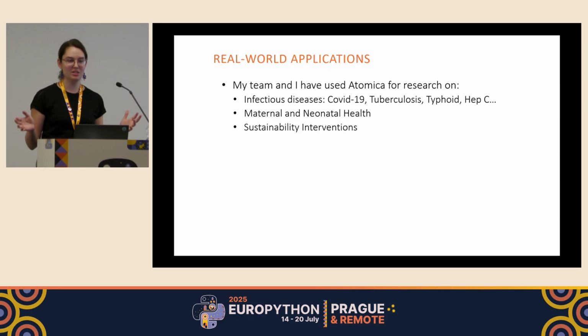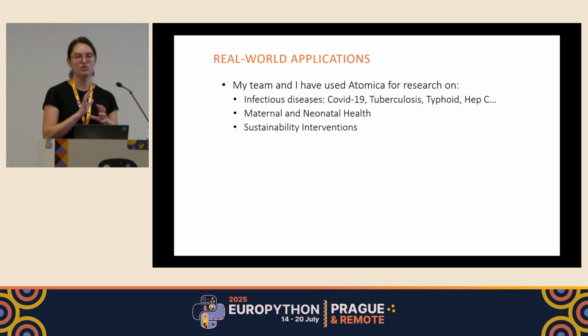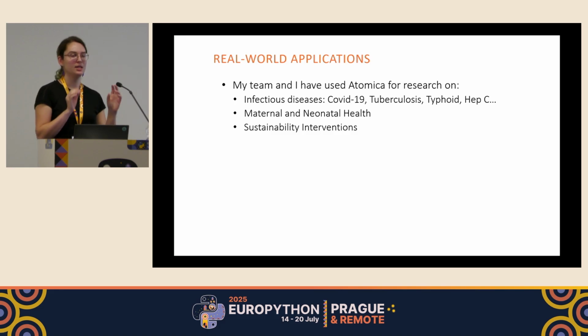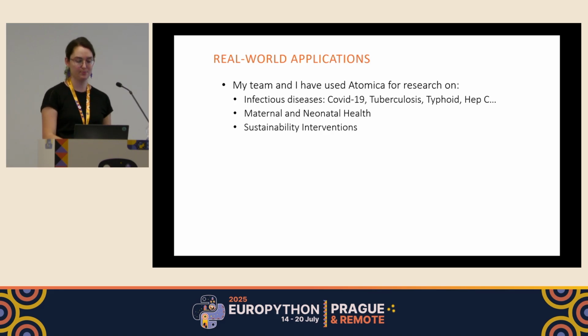We looked at all of these interventions, looked at their equivalent in terms of CO2, and then put all of these into Atomica, and Atomica's optimization algorithm was able to tell us which funding allocations to use, how much funding to put into each program to get the maximum impact from these changes.